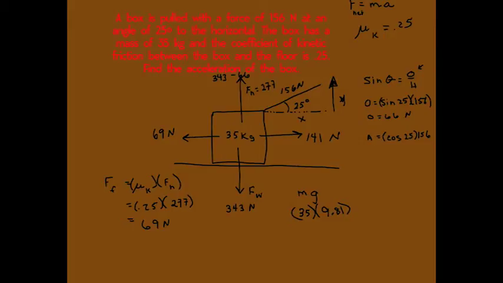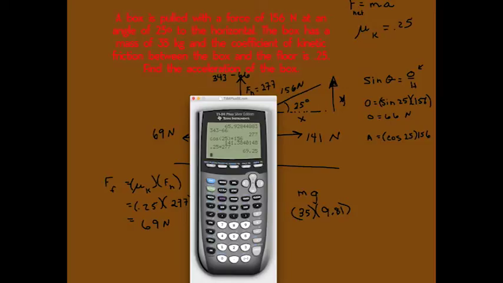The horizontal force, the 141 newtons, is being counteracted by the 69, so we have to subtract. So 141 minus 69 is 72.